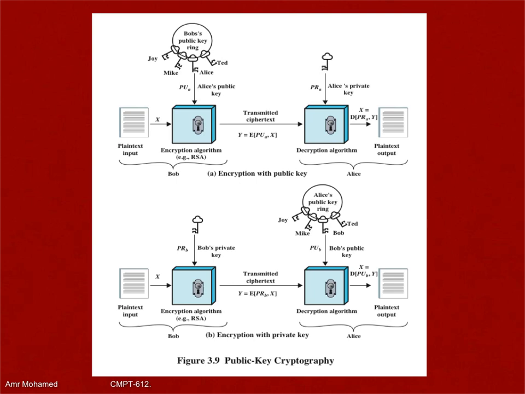So this is the security model. We talked about the security model before in chapter 1. The security model for public encryption is that if you have a plain text, you have the encryption algorithm, whether it's using RSA or El-Gamal or elliptic curve or whatever. Every single source, in that case Bob, has his own private key and has a chain of public keys for everyone he wants to communicate with.